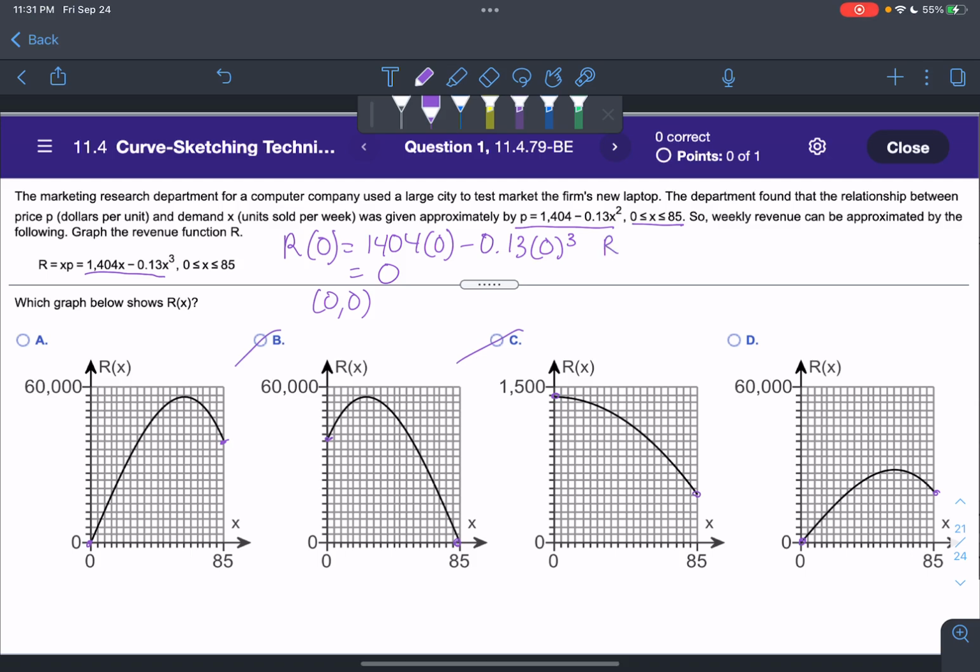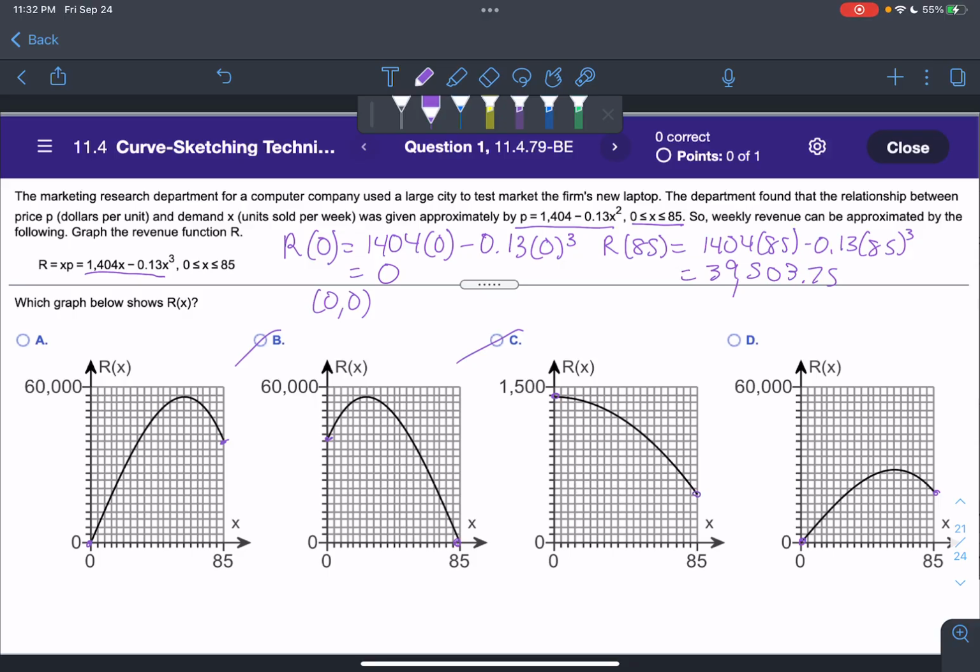And then let's look at R of 85. So let's plug in 85: 1404 times 85 minus 0.13 times 85 cubed. Just throw that in the calculator. Don't worry about doing that by hand. So I get 39,503 and change.